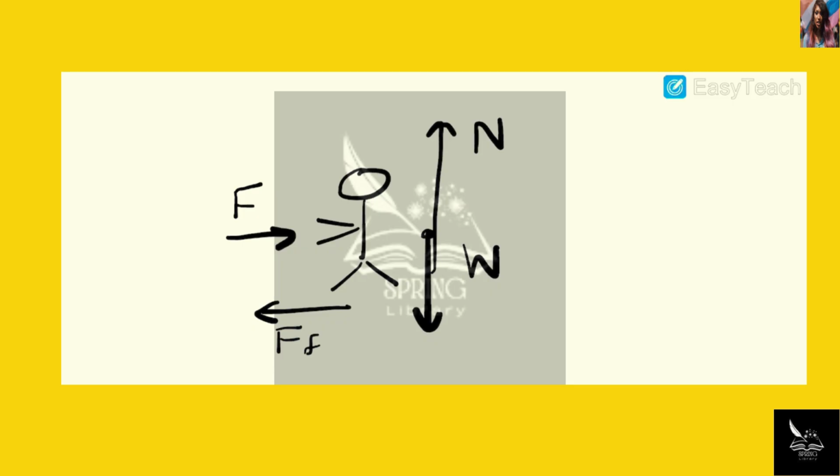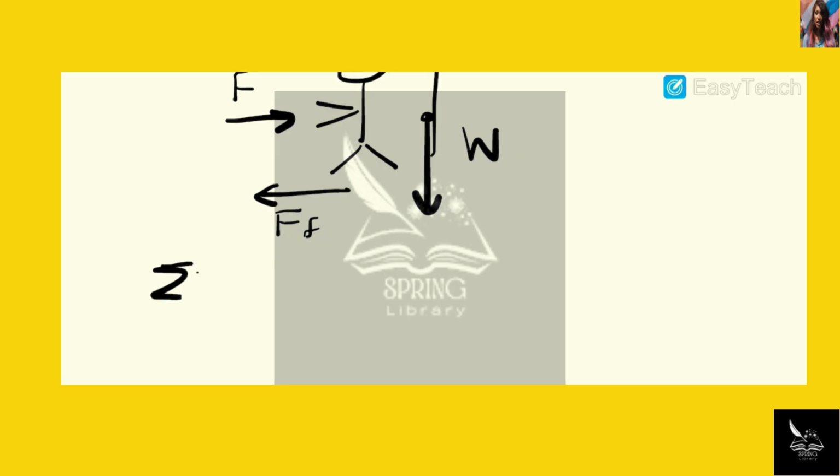Call that FF. So what we can do now is apply Newton's second law in the y direction and say that the net force in the y direction is equal to 0 because the man is not accelerating in the y direction. Therefore, we know that the normal force is equal to the weight force.